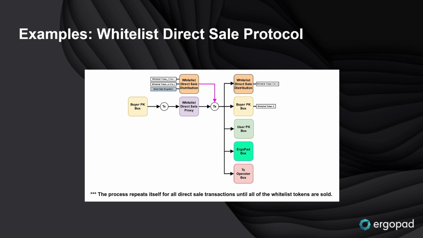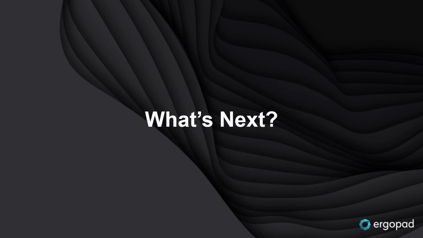We check for a proxy if it exists, and this process would repeat until all of the whitelist tokens are sold, or perhaps some sale period expires. And so hopefully, with what I've taught about the ErgoScript fundamentals and then the blockchain concepts and UTXO concepts, you're able to understand what was going on in these protocol diagrams.